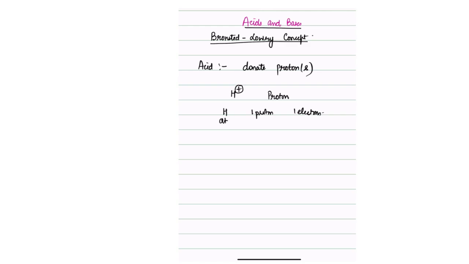If you remove the electron from this hydrogen atom, what is left is only one proton. That is why H positive ion is called a proton. So anything which has the capability of donating a proton or more than one proton is called an acid.